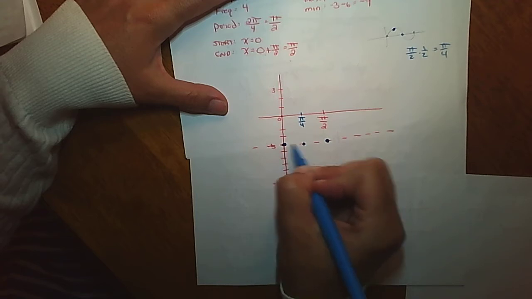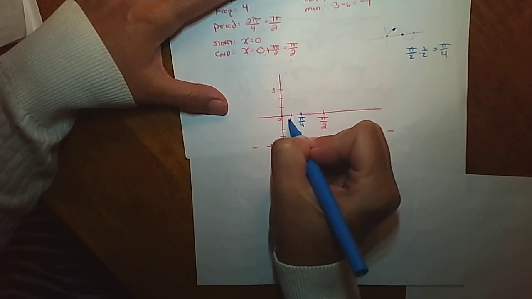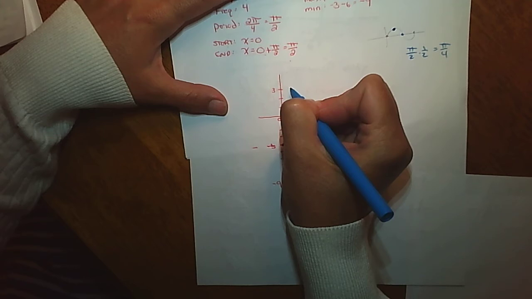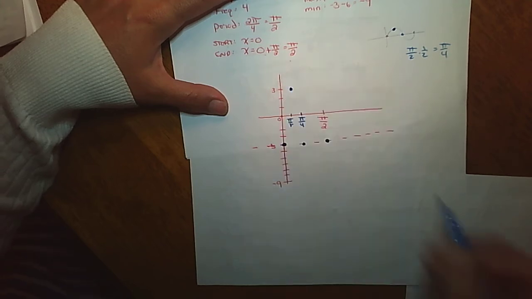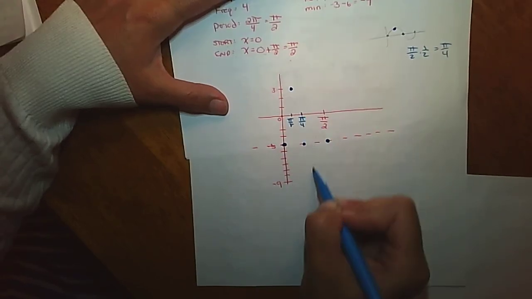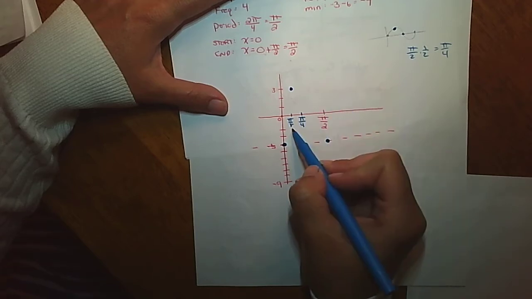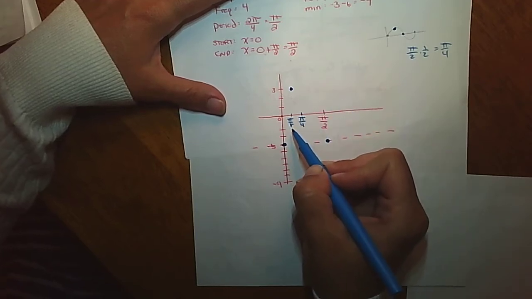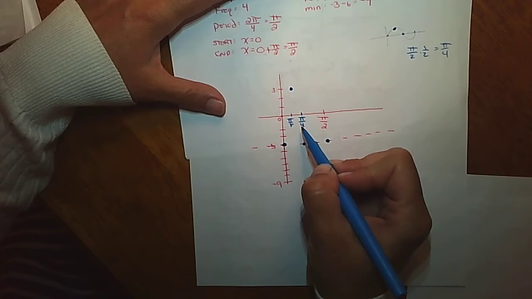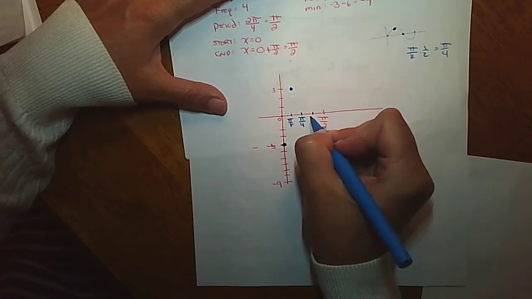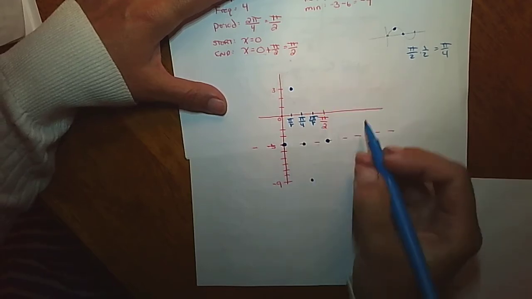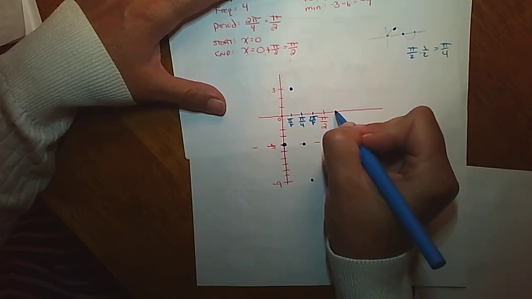So halfway between these two, which would be pi over 8, we're going to be up at the max. And then halfway between these guys, we're going to be down here. Now, see how that's pi over 8? So 1 pi over 8, 2 pi over 8. This right here would be 3 pi over 8, 4 pi over 8.